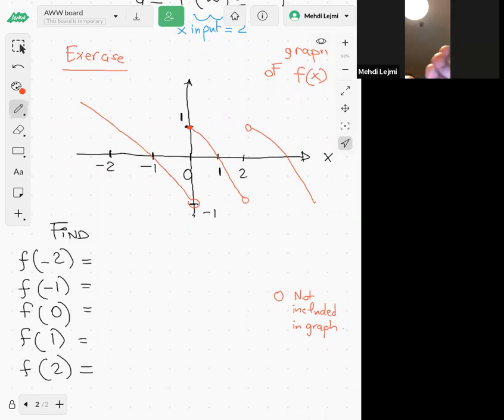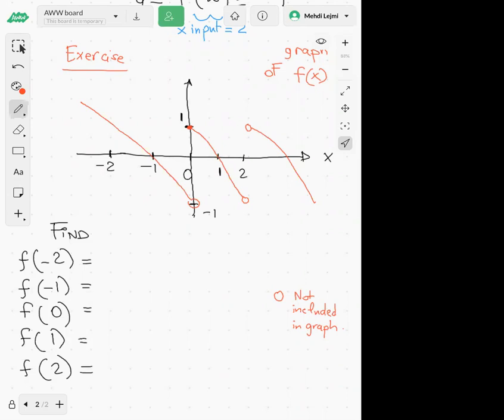Because if you take the vertical line passing through the positive 2, it doesn't intersect the graph because you have these two empty circles. They don't belong to the graph. So there'll be no intersection with the graph. So for f of positive 2, the answer will be undefined. Okay. Thank you so much. Sure.